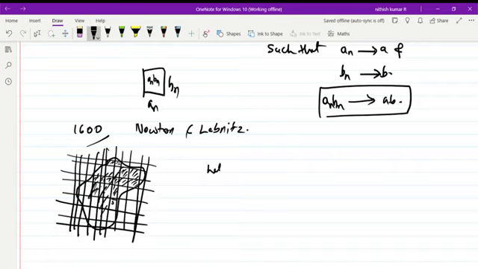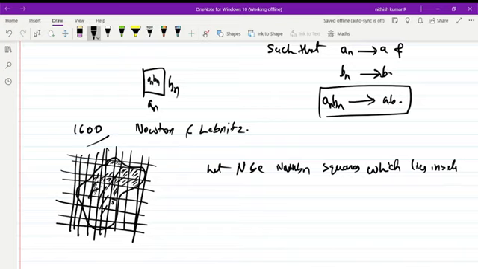Let n be the number of squares which lie inside the region, and let m be the number of squares which lie inside as well as on the boundary.